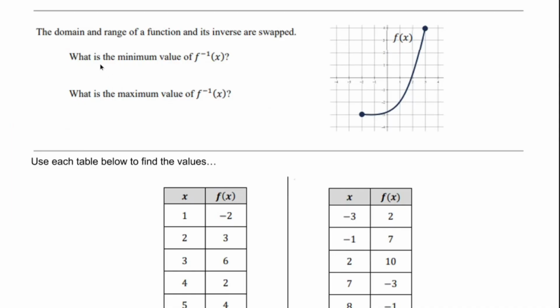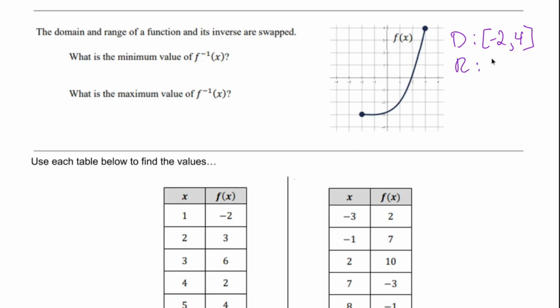I know that. So this is f of x. f of x has a domain of, it looks like, from -2 to +4. So -2 including, +4 including.